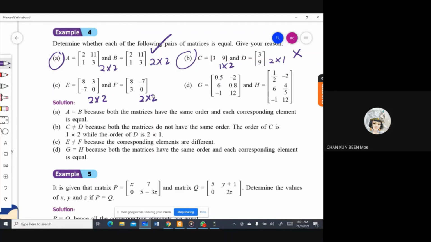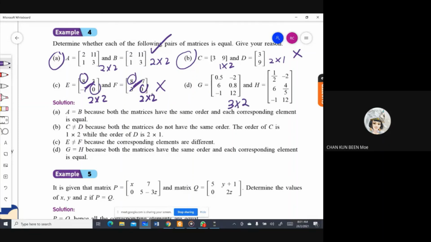Only two elements are the same, add and 0. The corresponding elements are the same, but these two are not the same. Therefore, these two matrices are not equal.